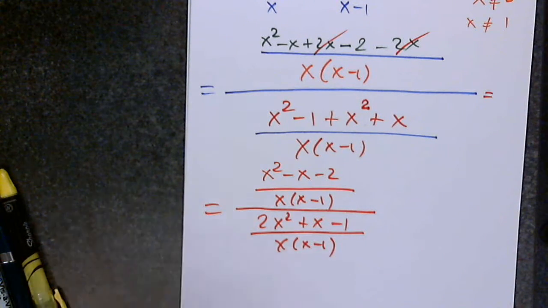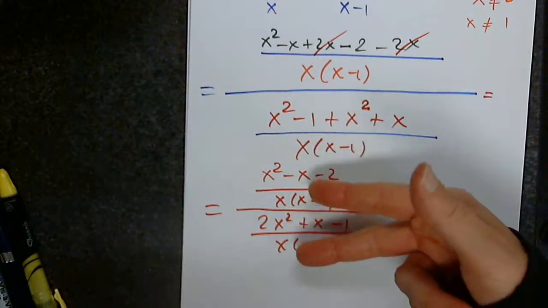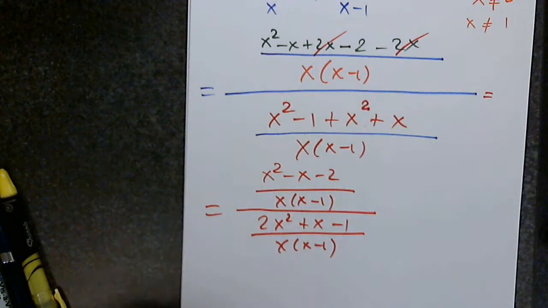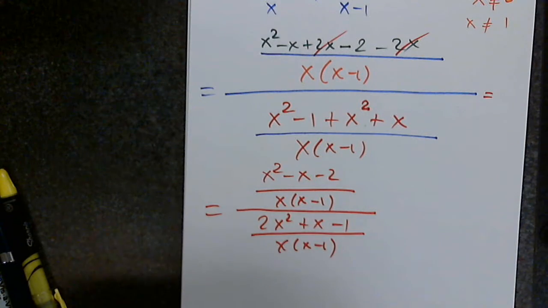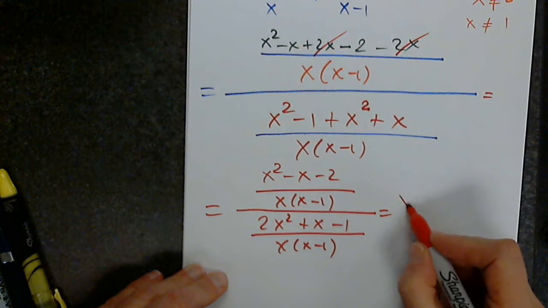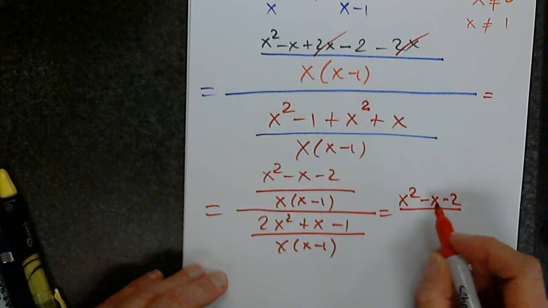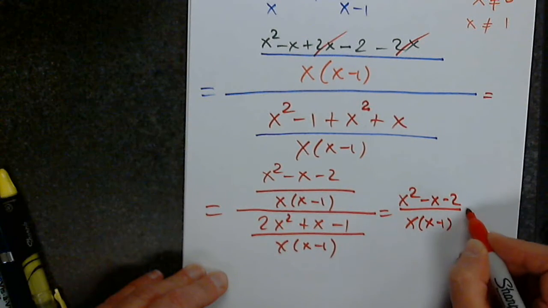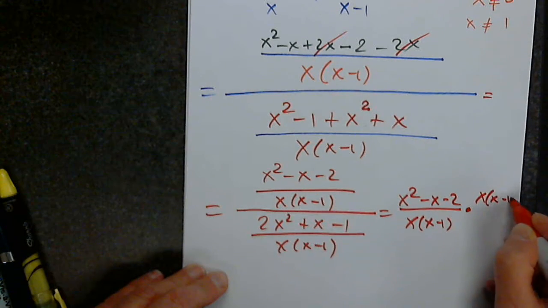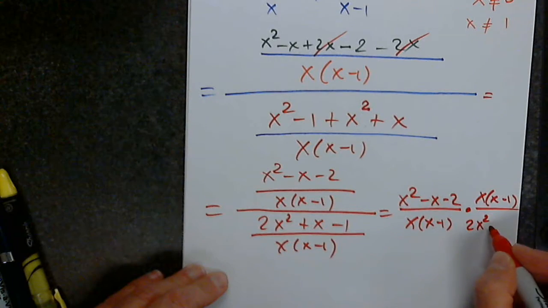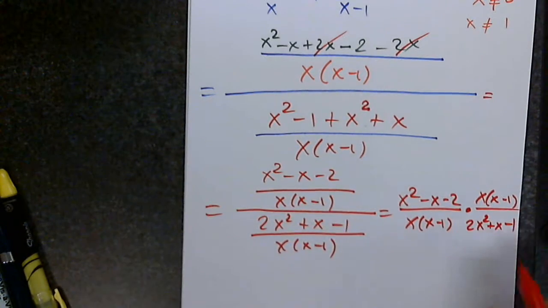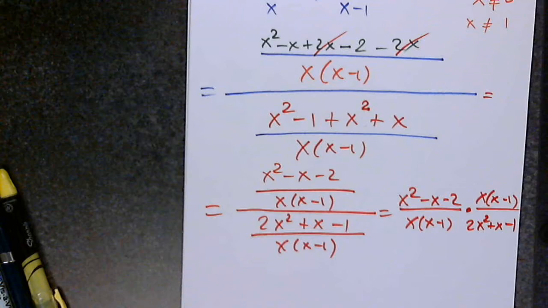That's done. Now I'm asking myself, how do I divide these two fractions? And the answer is, I copy the first, which is the top one, and then flip the other one and multiply. Very good. Multiply by x minus 1 over 2x squared plus x minus 1. I'm hoping that I can get rid of something.